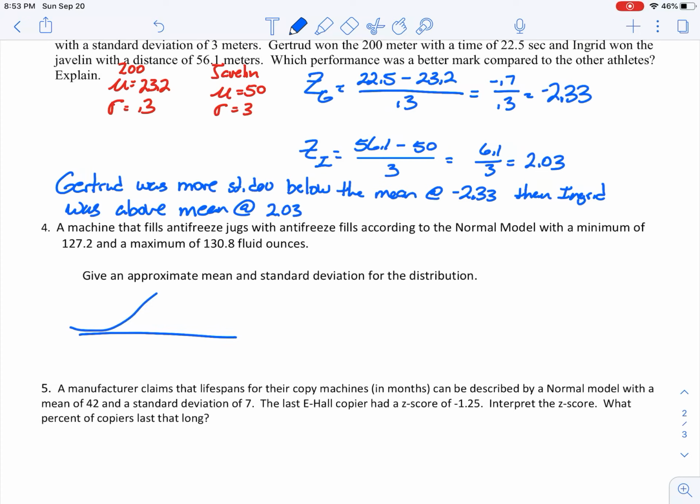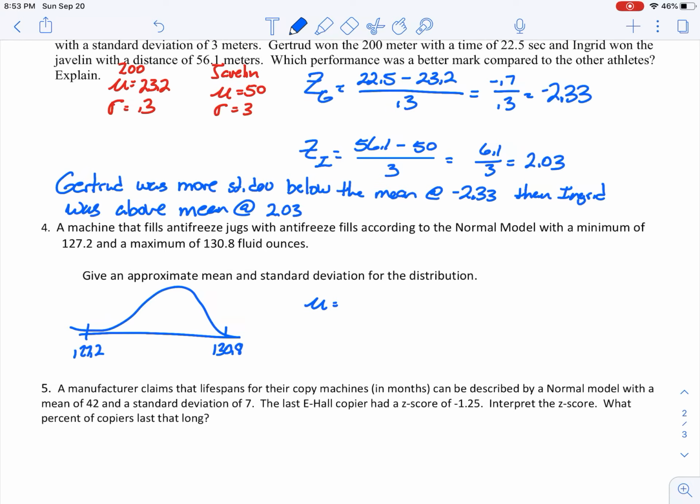Here's what it's telling me. It's going to be a normal curve. We've got 127.2 down here at the minimum, and we've got 130.8 up here at the maximum, and it wants me to give an appropriate mean and a standard deviation. Now, this is one of those extension problems.